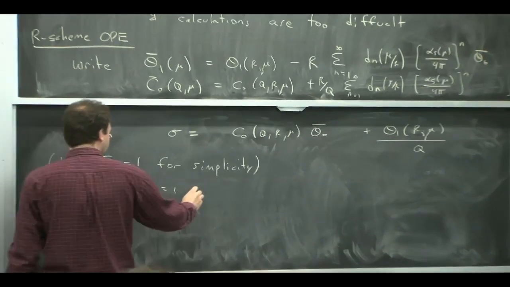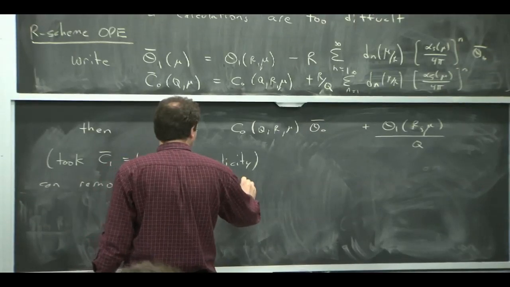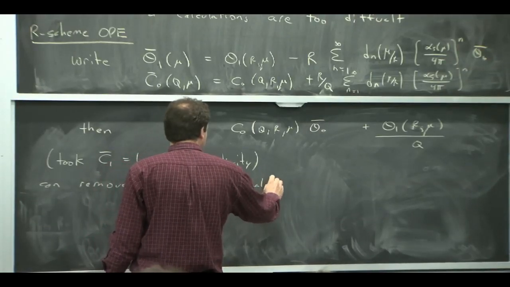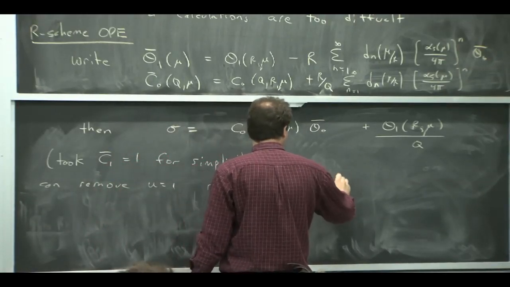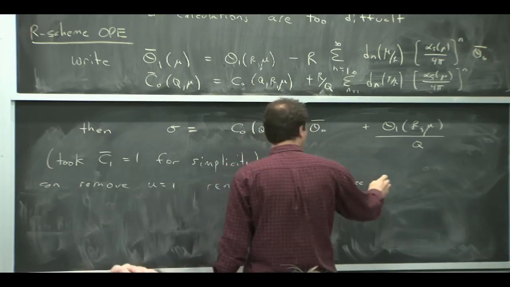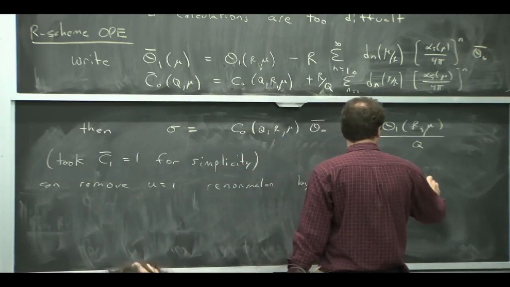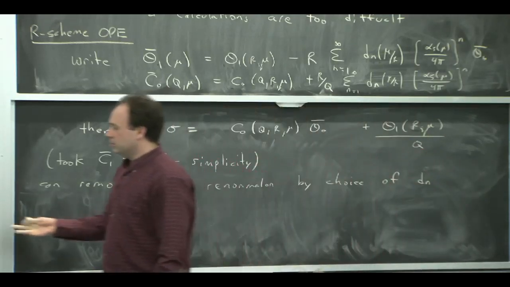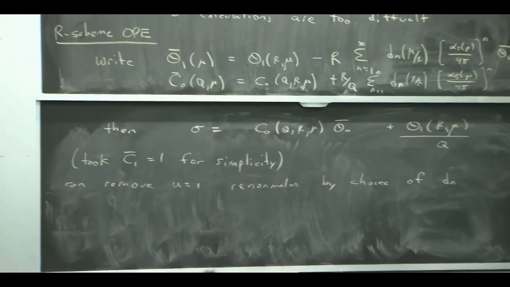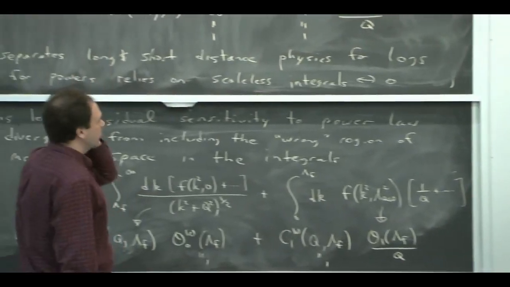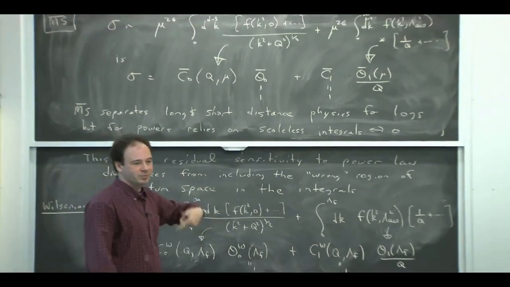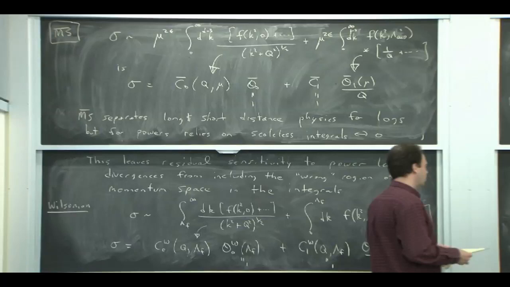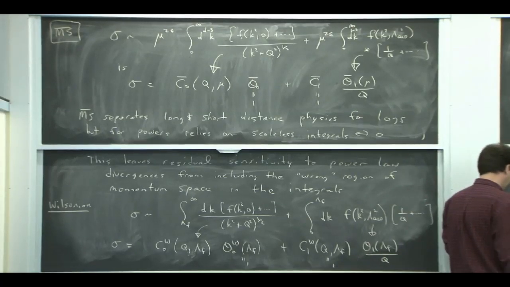You can remove the U equals 1 Renormalon by choosing the D. And that's exactly what the Wilsonian was trying to do for you, and that's what it was doing with putting this cutoff. MSbar was having problems at 0, and we're perturbatively removing those problems, perturbatively going towards the Wilsonian picture.